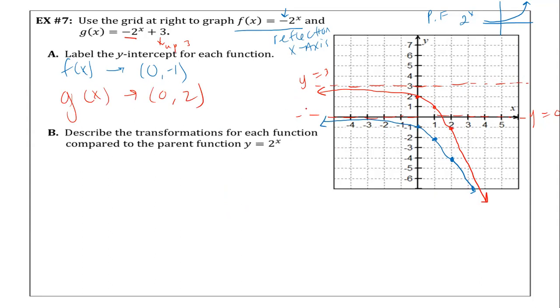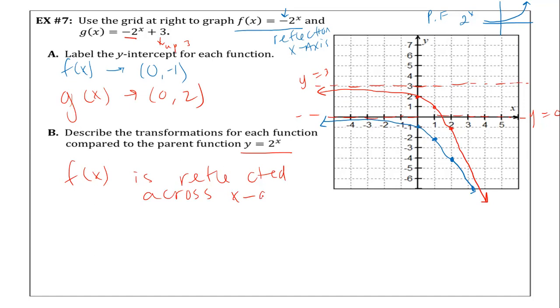Okay. So what were our descriptions here? This is our parent function in its barest form. What did we say took place with f of x? It was just reflected across the x-axis.